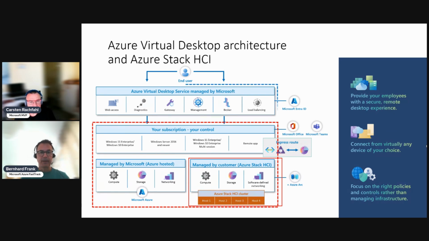Okay. But there are other services that are managed by Microsoft that you are using in that kind of environment. And that's independent of whether you want to use AVD on Azure or on HCI. It's the top services: the brokering, the web access, the gateways, the load balancers.